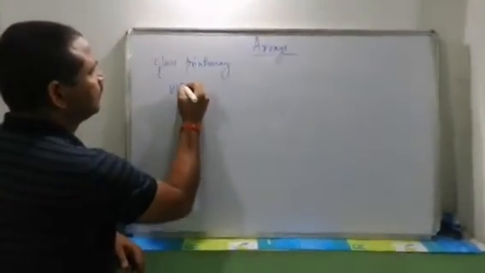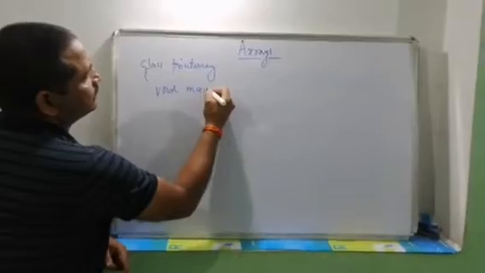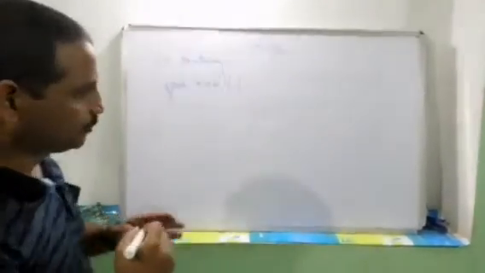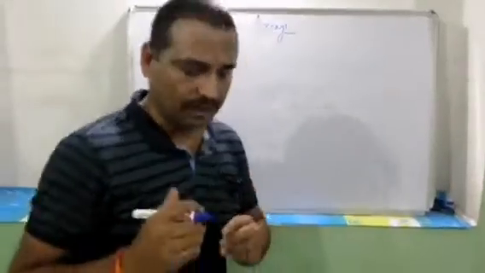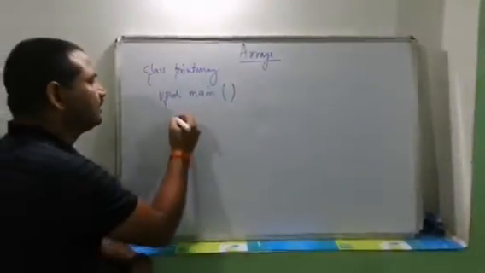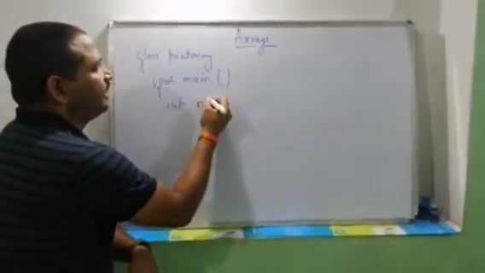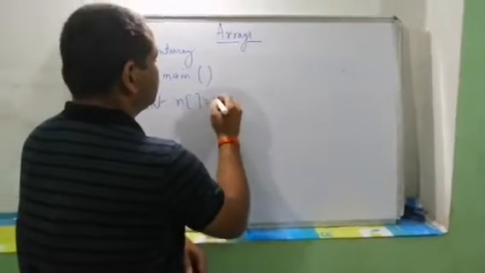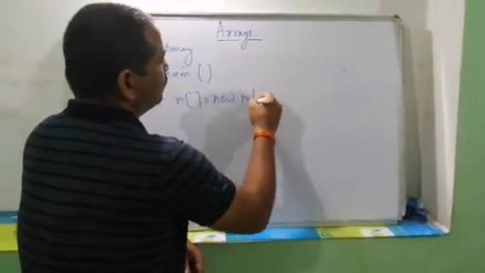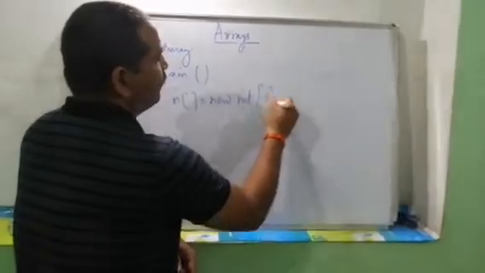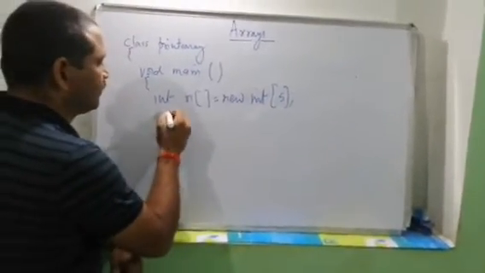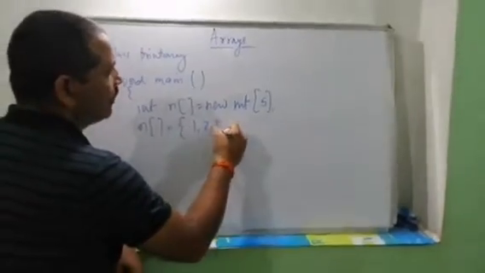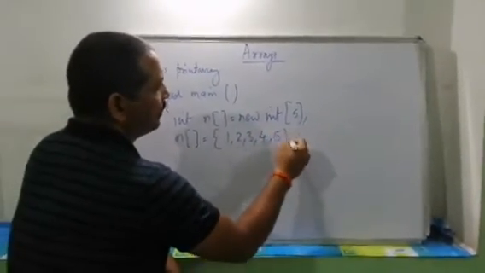Block, main function. We have to make an array variable. So for that, int n equals to new int 5, and 1, 2, 3, 4, 5.